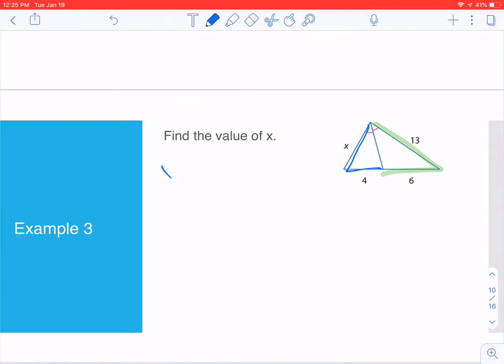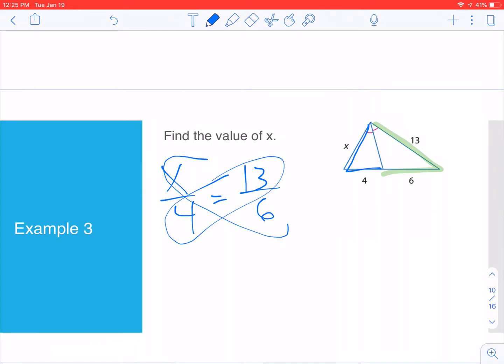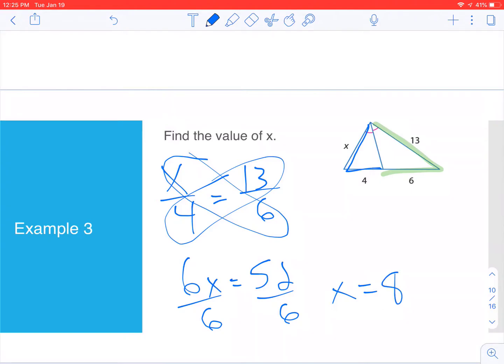So I'm going to have x over 4 equals 13 over 6. 6x equals 52. Divide both sides by 6. We'll get a decimal here. x equals 8.67.